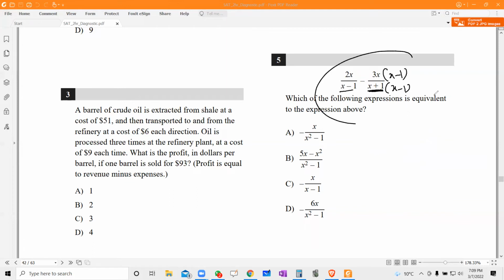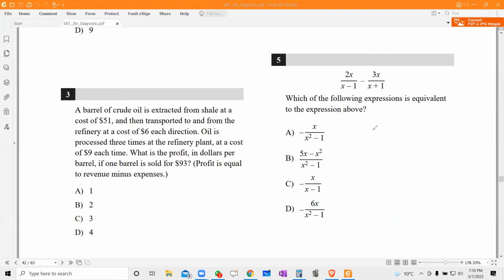But that way will be time consuming, and it can create some errors, because you're having huge calculations, multiplications, expansions, so many things. So what I will tell you is a strategy which you can use.